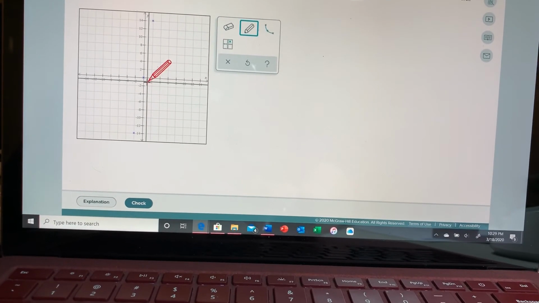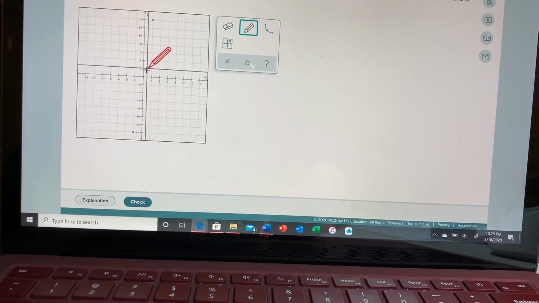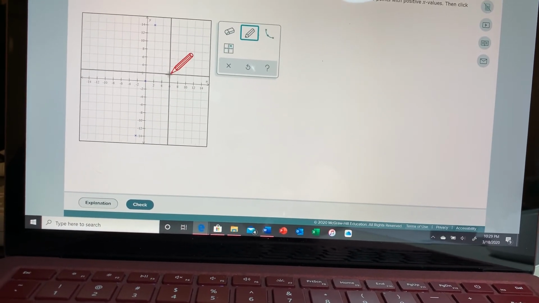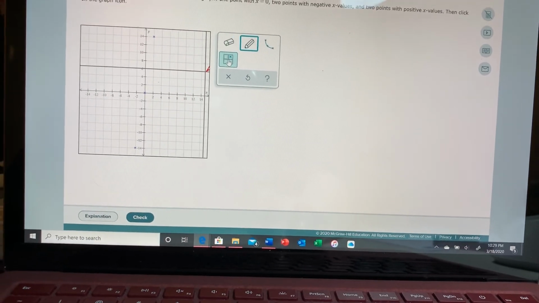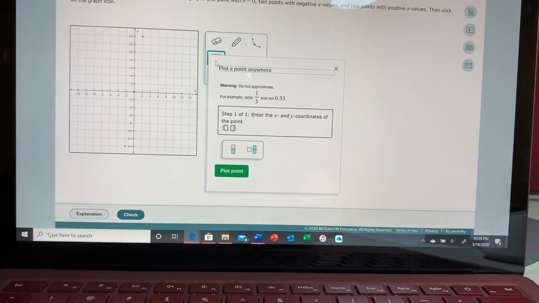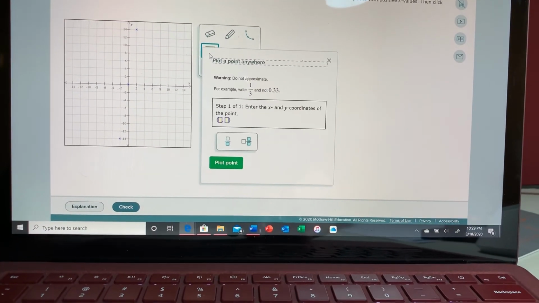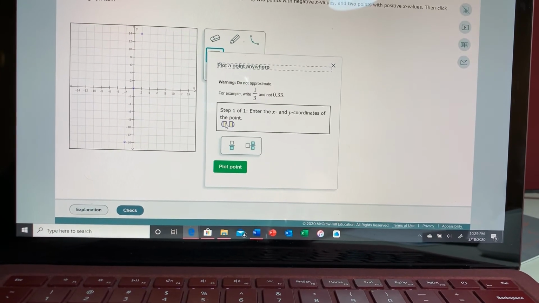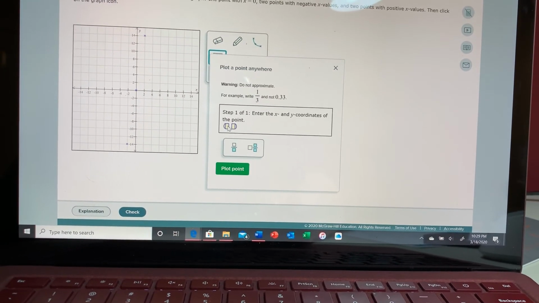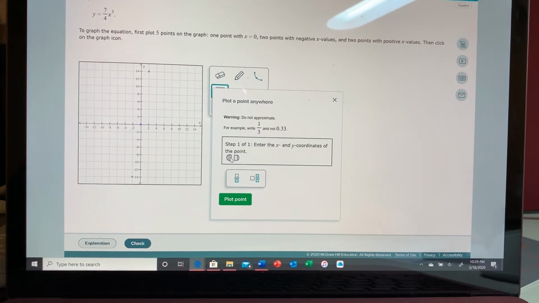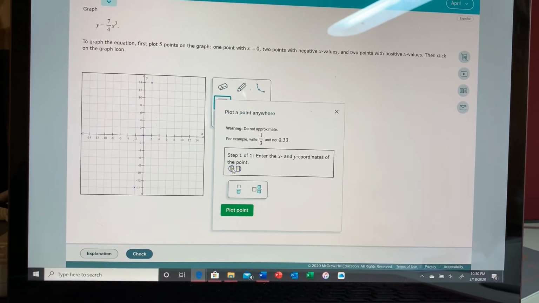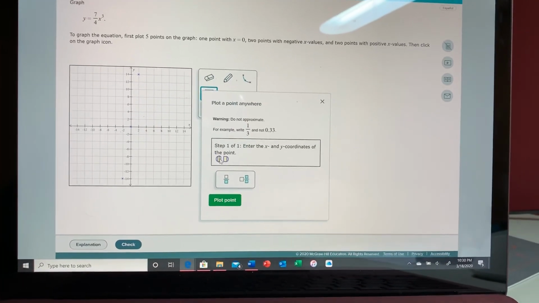Unfortunately, it's impossible to get an exact answer here using this pencil. So I'm going to click on this little icon, and it actually gives you the option to type in an ordered pair with a fraction. And my ordered pair, let's see, my fractional one was -1, -7/4.